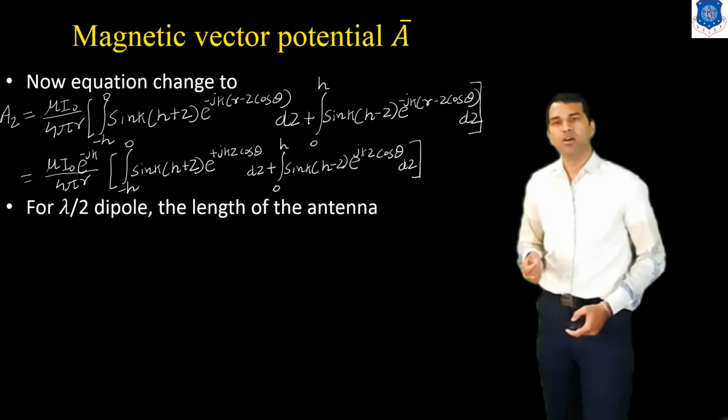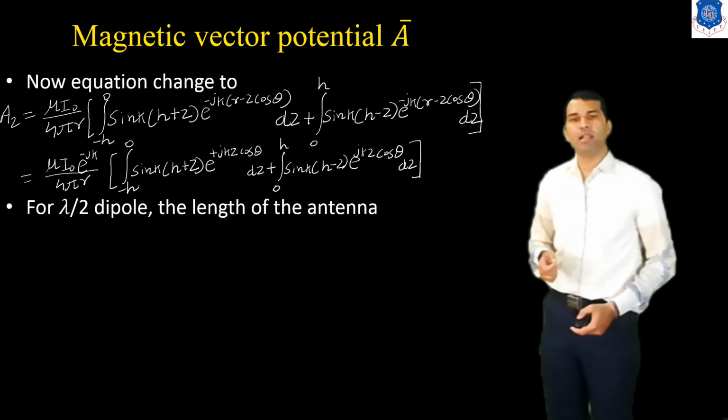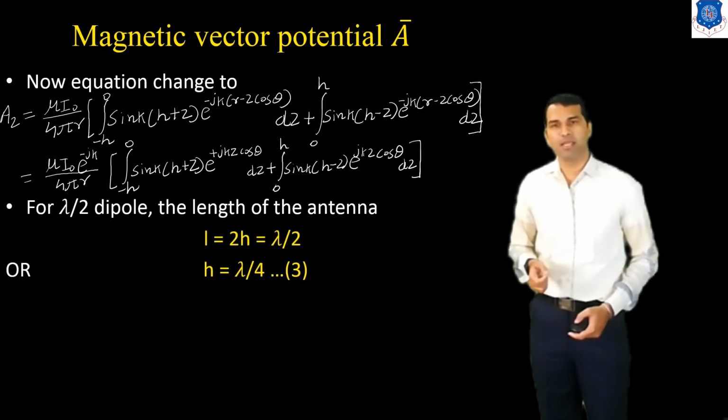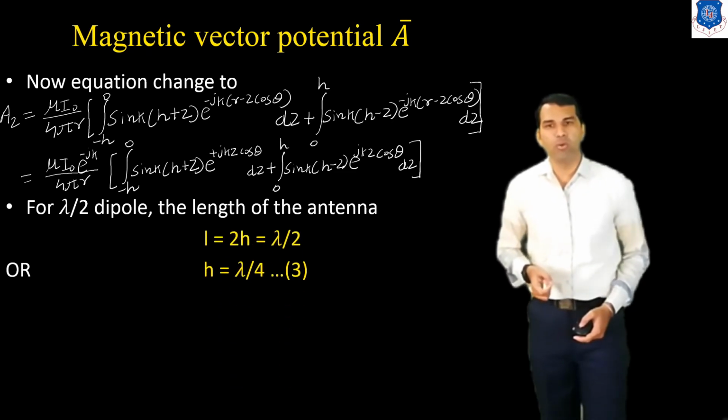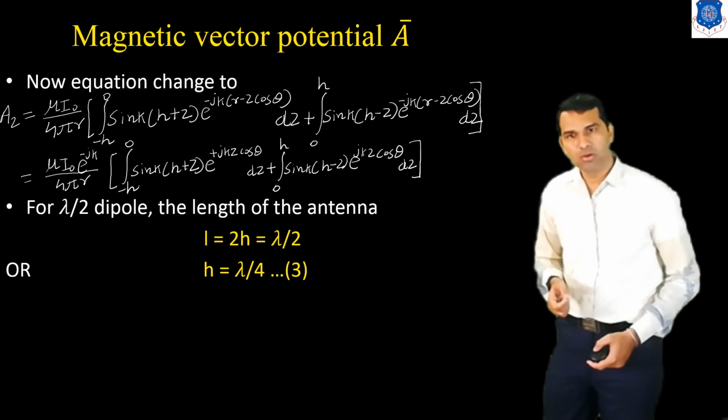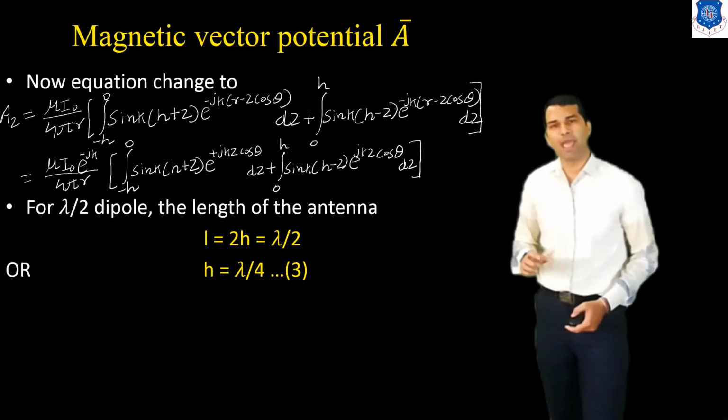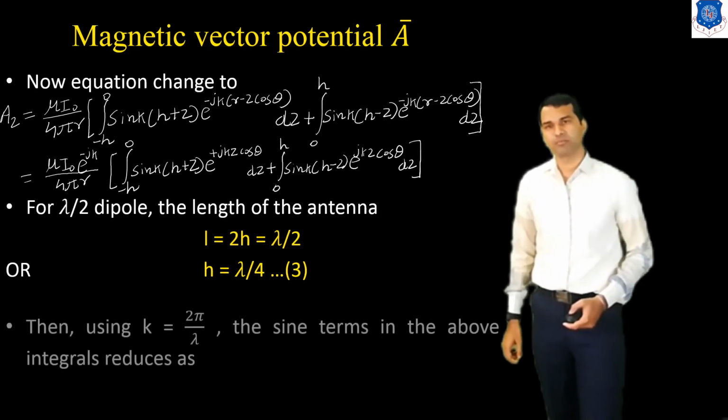For the lambda by 2 dipole, the length of the antenna is L equals 2h equals lambda by 2, so h equals lambda by 4.